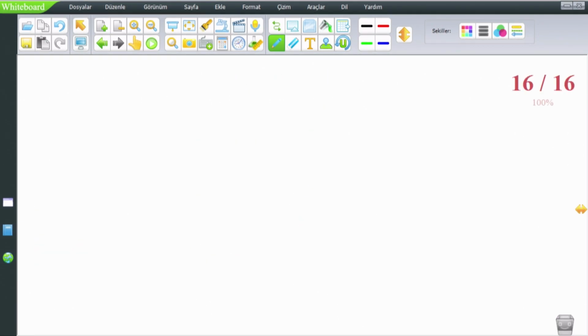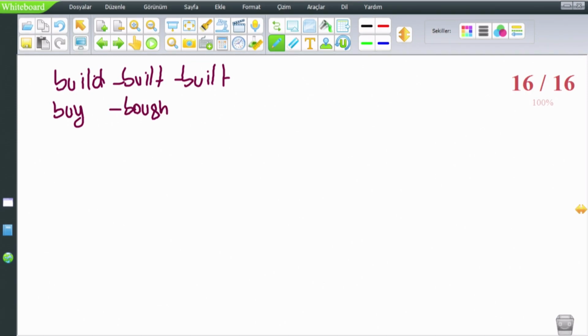Let's continue. Build, built, and built is also the verb 3 form. We have buy, bought, bought. Catch, caught, caught.